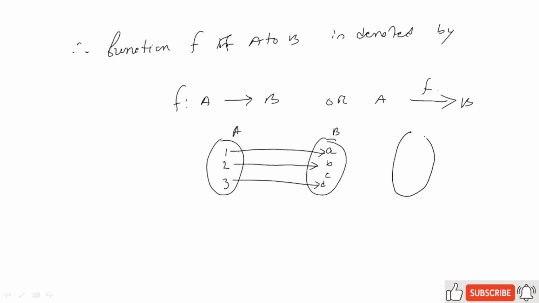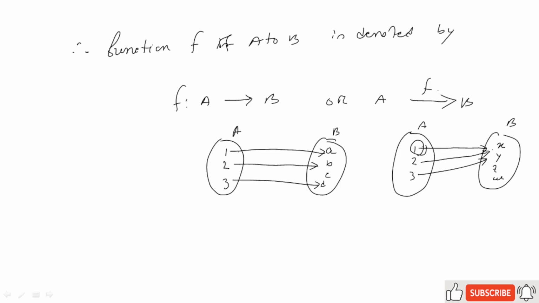Again take an example with A and B. Here let us take 1, 2, 3, and X, Y, Z, W. So 1 is related to X, 2 may also be related to X, and 3 may also be related to X. That means 1 has a relation with X, a unique element.